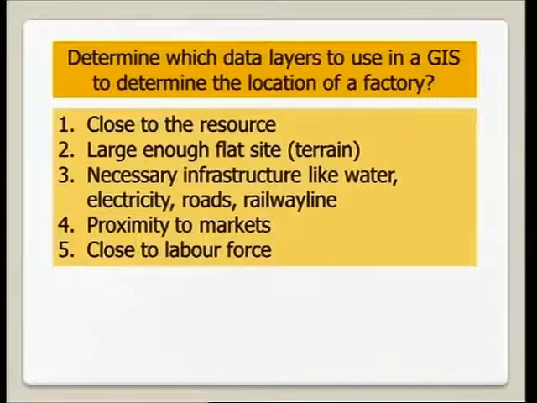It's necessary to have a look at the infrastructure like water, electricity, roads, a railway line. It is also necessary to look at the proximity to markets. And then they must also be close to labor force. Now, these 5 features that I've identified there become then the data layers that you can look at.